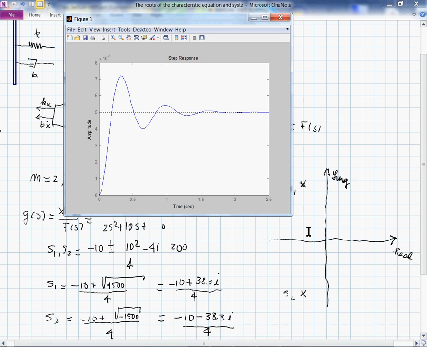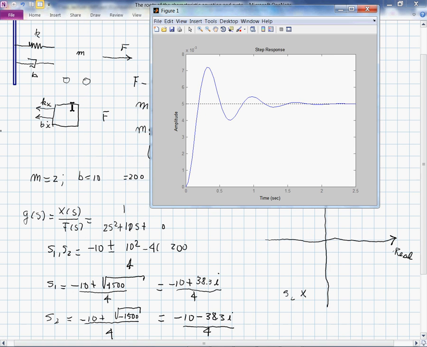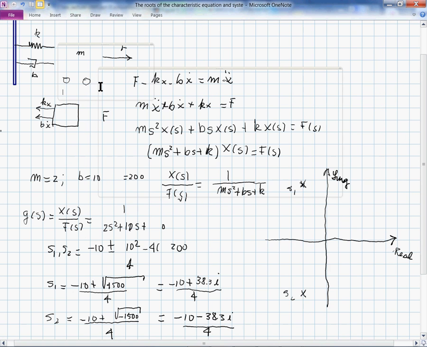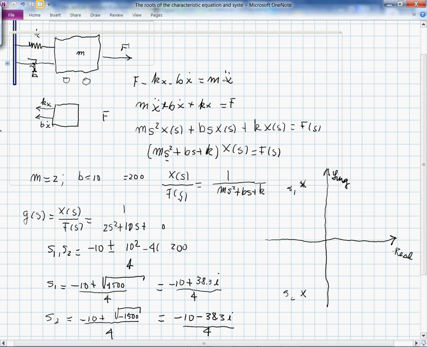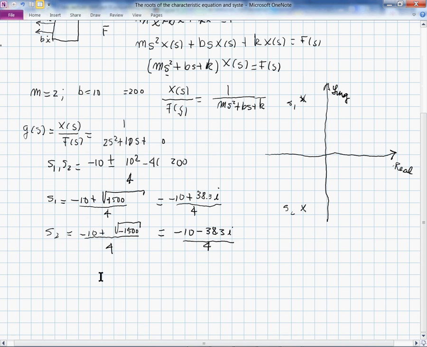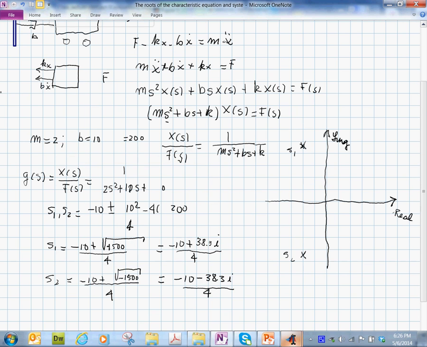For example, because it's a second order system and we know the physical system, we know that if we change the value of b, and we increase the value of b, what will happen?